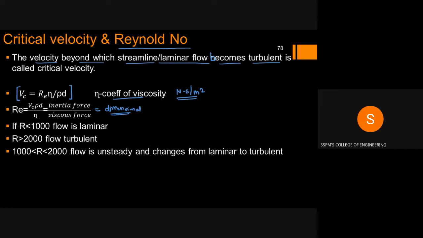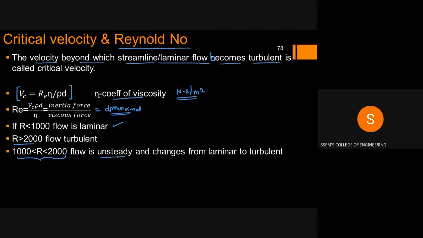If the Reynolds number is less than 1000, then we call the flow laminar. If the Reynolds number is greater than 2000, the flow becomes turbulent. Based on this Reynolds number, we can differentiate whether the given flow is laminar or turbulent. And if the Reynolds number lies between 1000 and 2000, then the flow is unsteady.